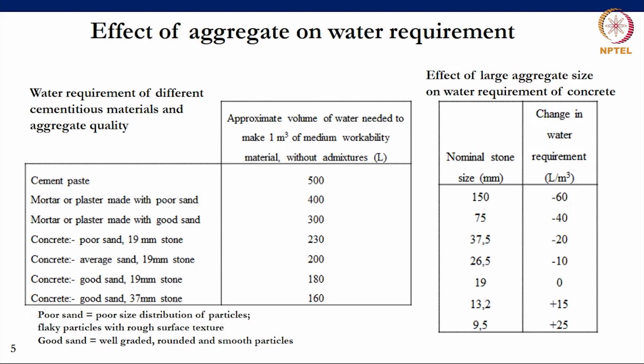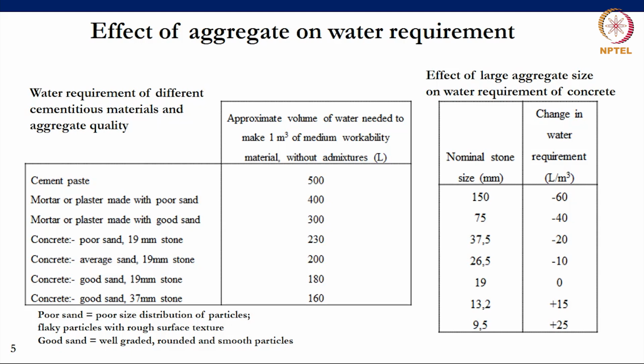If you added sand to that mixture, a poor sand, you'd need about 400 liters, and you could continuously decrease the amount of water required to produce a given workability simply by increasing the size of the aggregate and of course ensuring its distribution, or opting for a fairly good sand.